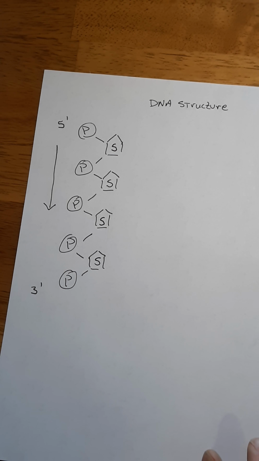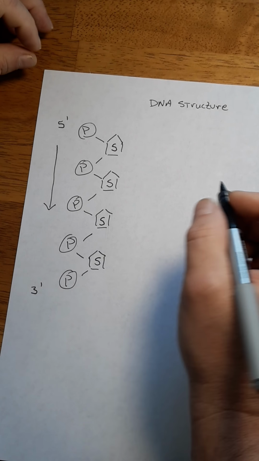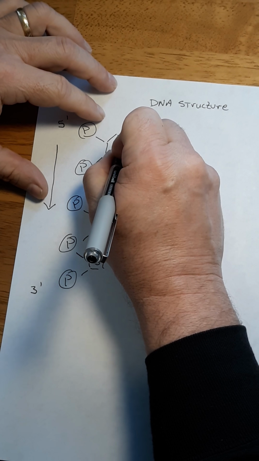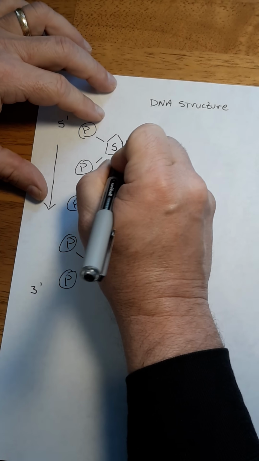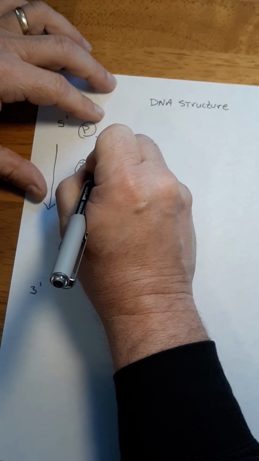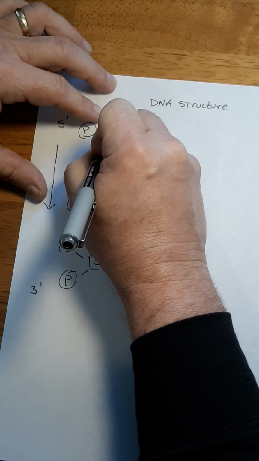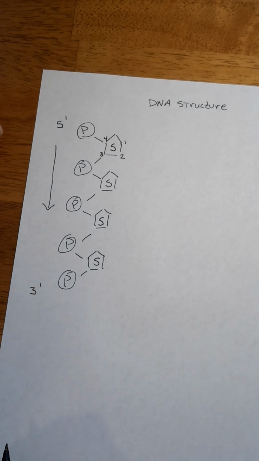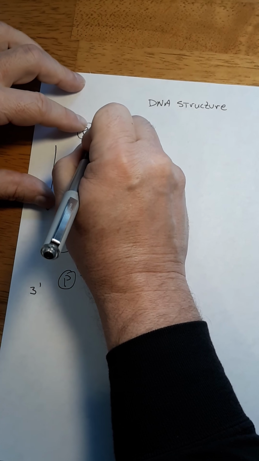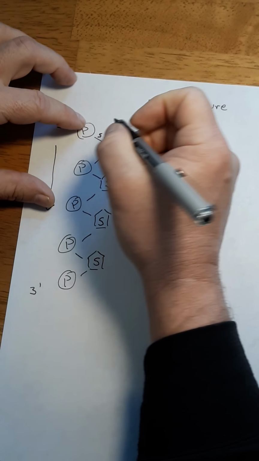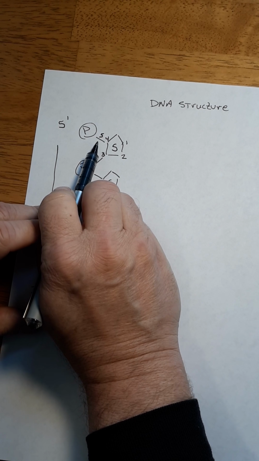Well, what does that mean? It's describing the point of attachment of the phosphate, which carbon it is located on in the sugar molecule. If you look at this real quick, this is the first carbon, this is the second carbon, this is the third carbon. Each one of these points represents a carbon. There's a 4th carbon, and then here is the 5th carbon. There's another carbon right here on this bond.